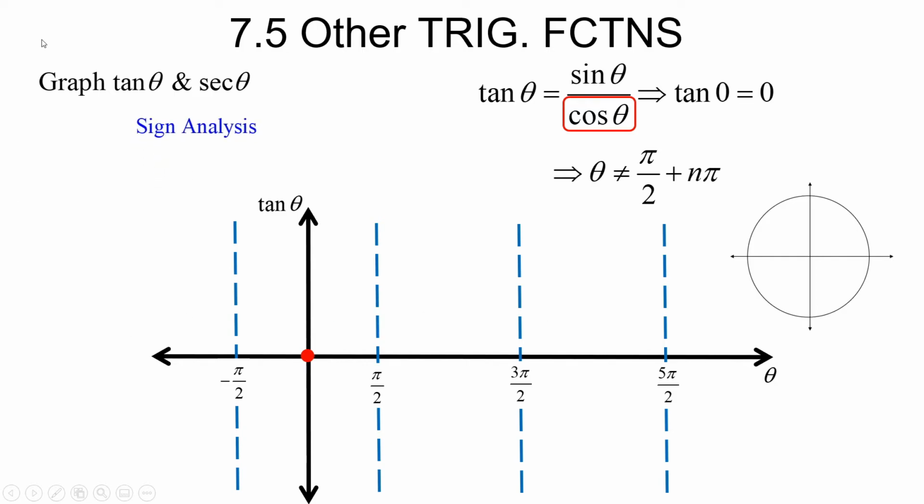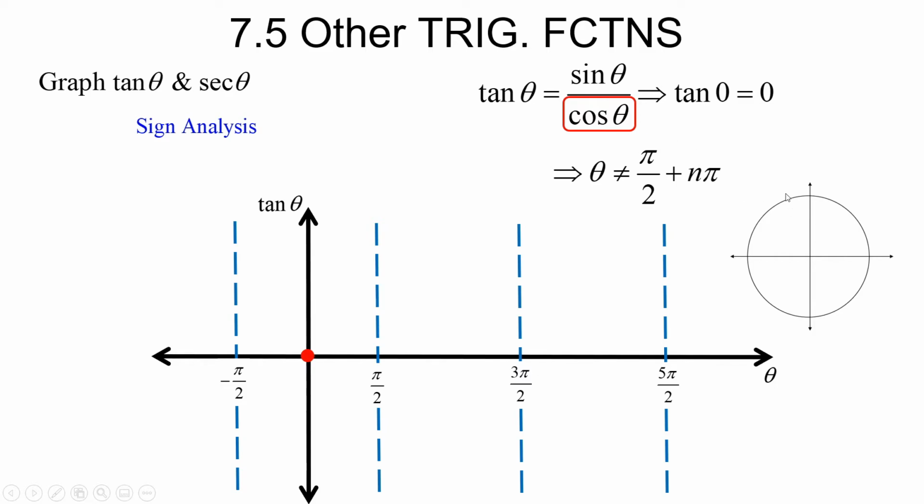Now, sign analysis. Let's picture this now. Let's picture quadrant 1 on the coordinate plane, 0 to pi over 2, that represents quadrant 1 of this unit circle right here. All right? Now, since tangent is sine over cosine, well, isn't sine positive in quadrant 1?